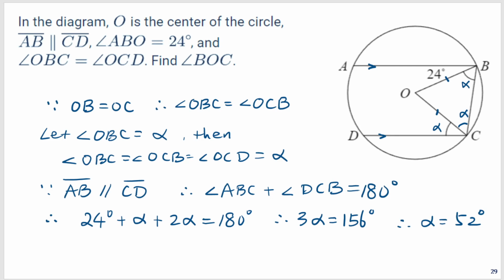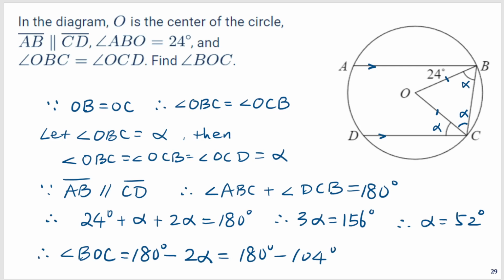Well, if you know alpha is 52 degrees, then the angle you're looking for, angle BOC, is just 180 minus 2 alpha, right? Therefore, angle BOC equals 180 degrees minus 2 alpha, which equals 76 degrees. Can you see that?